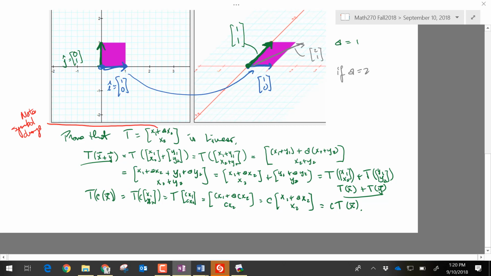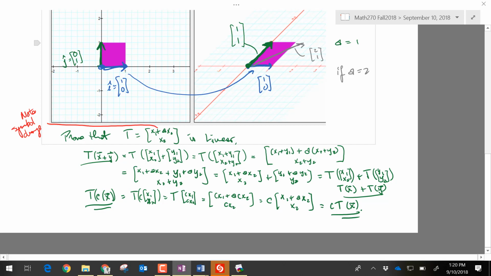Okay, so by going through that process, we see that we've satisfied our two criteria for it to be a linear transformation. And then we can also double check all the other things that follow, such as the origin staying at the origin.